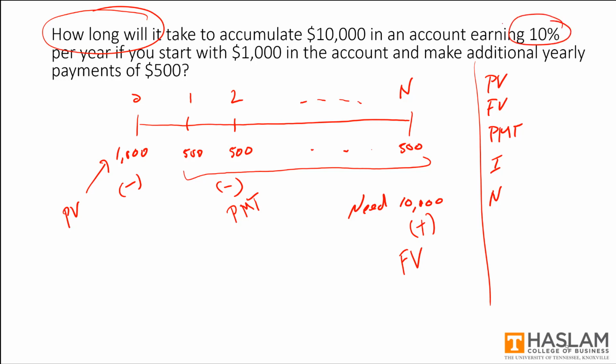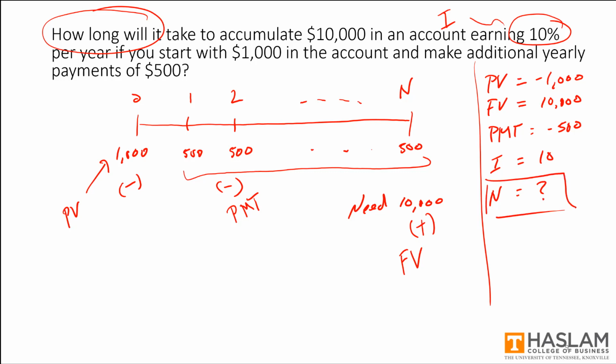And we're given in the problem 10, and so that's going to be I. Remembering our signs, we need negative 1,000 for PV, positive 10,000 for FV, negative 500 is the payment, 10 as I, and N is what we're finding.